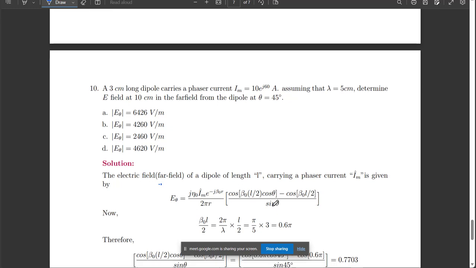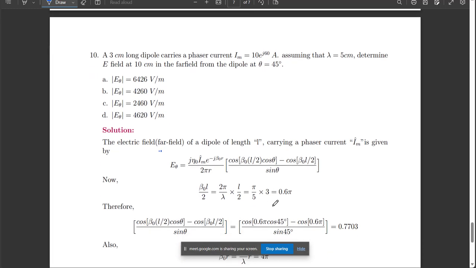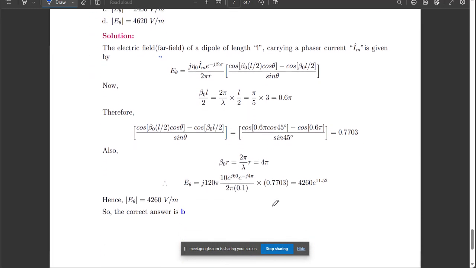Anyways, now beta naught L by 2. So k naught, how much is it? K naught, which is the free space wave number, can be given as alpha plus j beta.